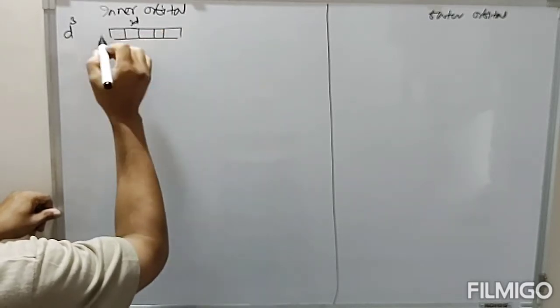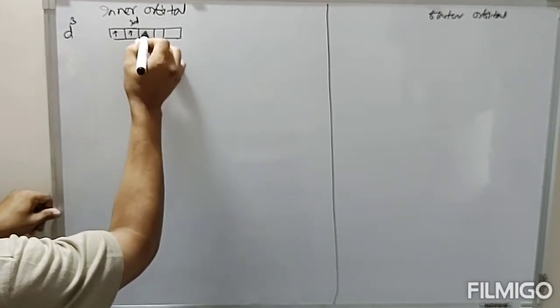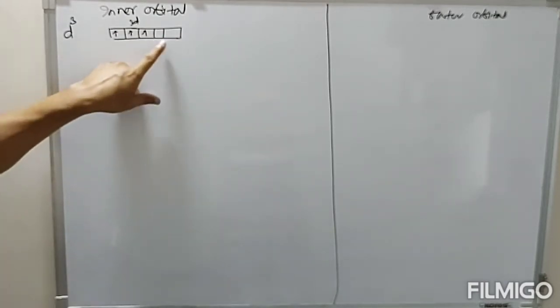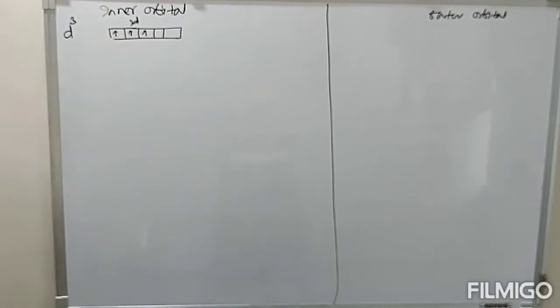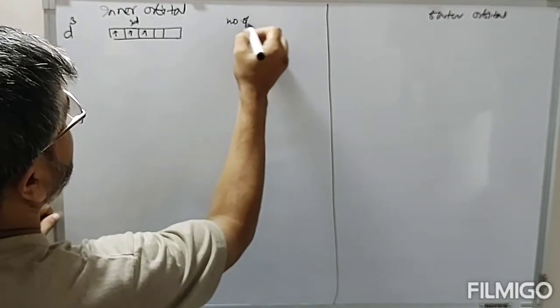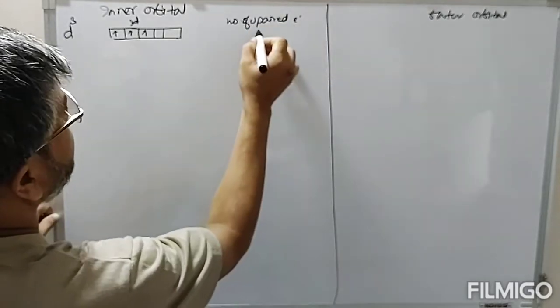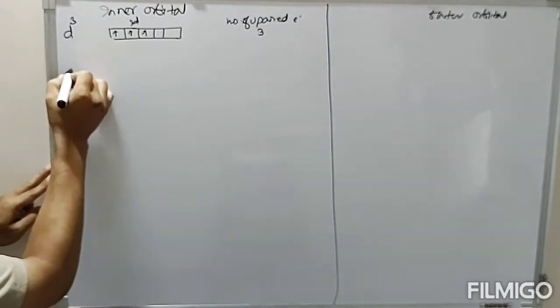This is 3d. We have 3 electrons here, so we already have 2 vacant, and the number of unpaired electrons is 3.